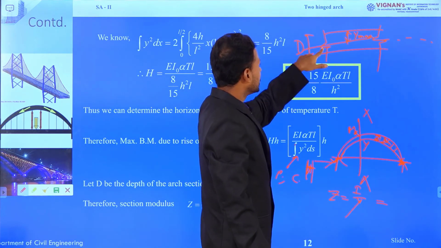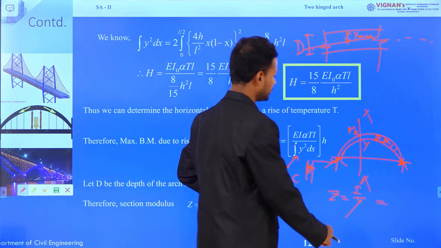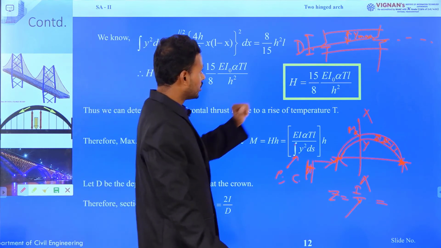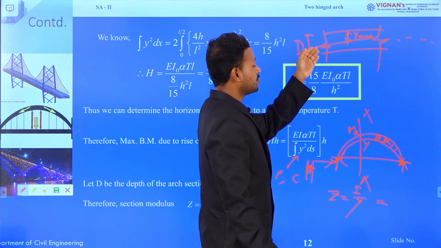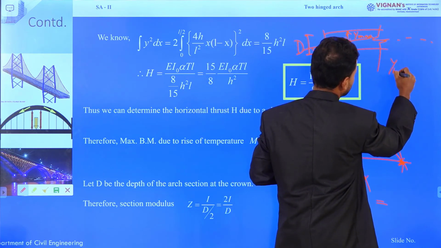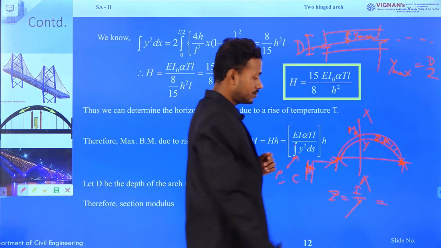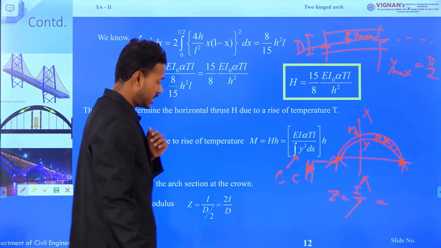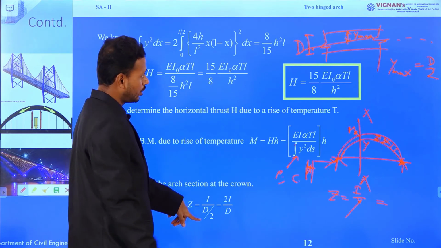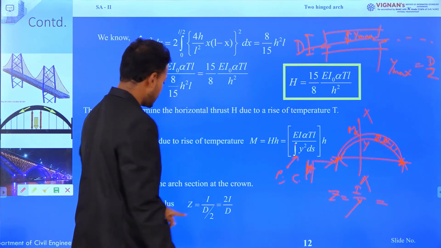So, the distance of the neutral axis from the farthest fiber will be the y max. So, for this rectangular section, we are just considering to simplify the calculation, y max equals to D by 2, but it may vary from section to section. Therefore, in I by y we will put y max equals to D by 2. So, Z equals to 2I by D.